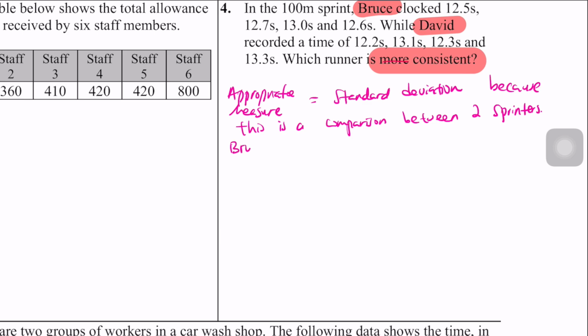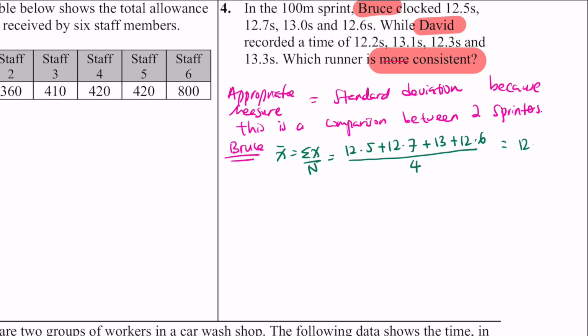So for Bruce, we need to calculate the mean. So the mean, we have 12.5 plus 12.7 plus 13 plus 12.6 divided by 4. So press your calculator, you will get 12.7. And then we calculate the value of standard deviation, which is the square root of the variance.